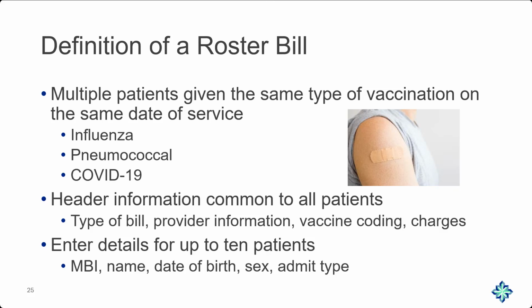You'll enter their Medicare beneficiary identifier, their MBI, Medicare ID. For those of you that have been around a while, formerly known as the HIC number, health insurance claim number. You'll also give us the name, the date of birth, the sex, and the admission type for up to 10 patients.